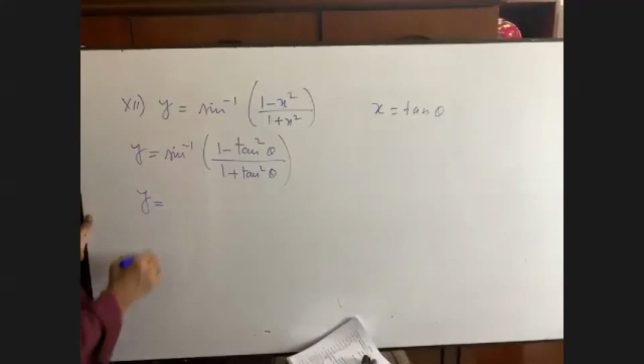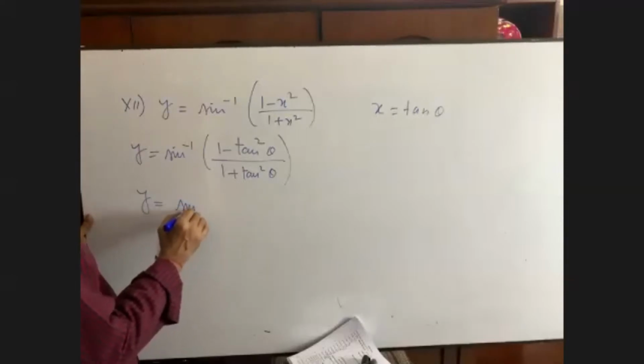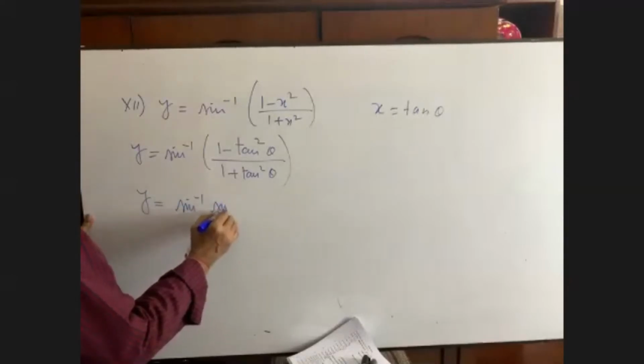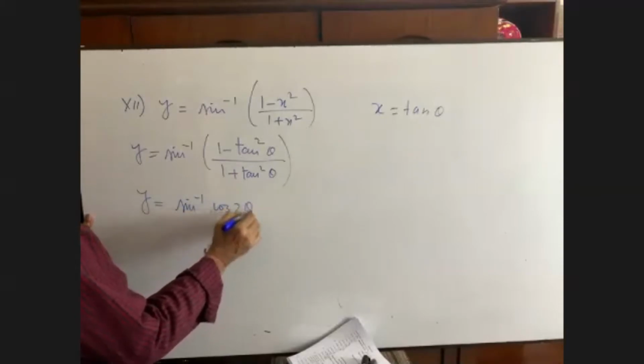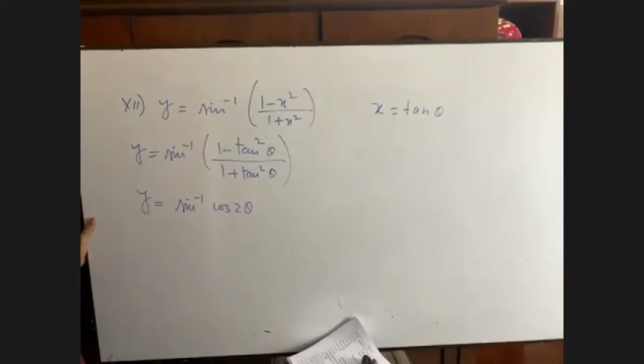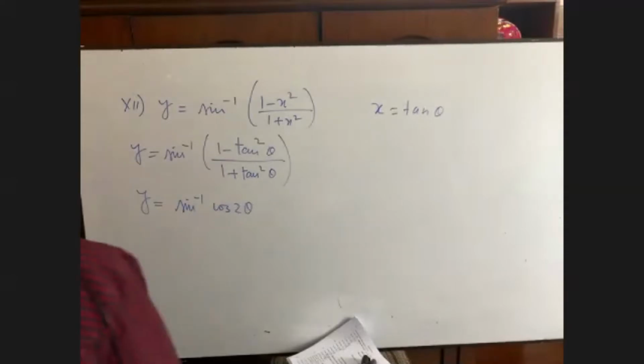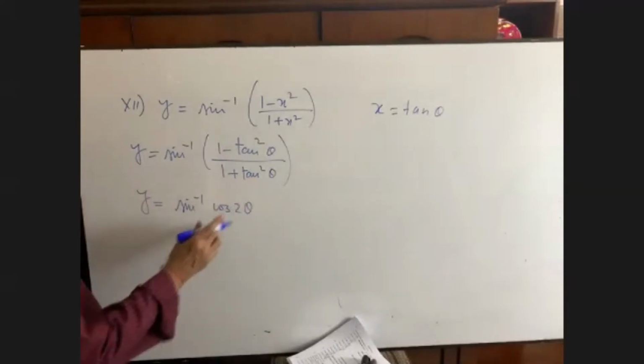That is y equals to, what is the formula? Let me know what is the formula. Cosine 2 theta. Can you remember yesterday's formula? It is cos 2 theta formula.